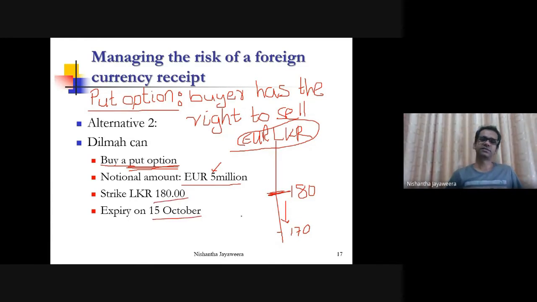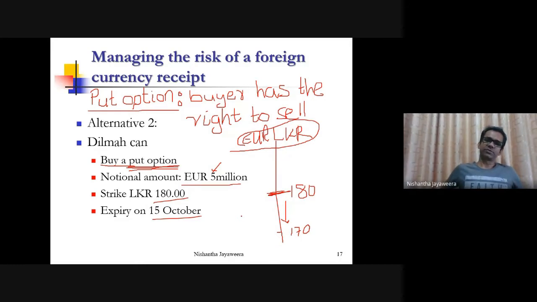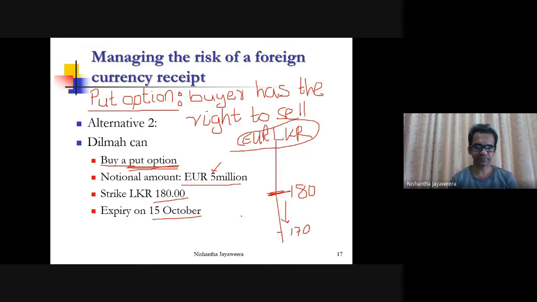Those are the terms of an option contract, whether it's a put or a call, and whether you buy or sell: the underlying asset, the notional amount, the strike price, the expiry date, and whether it's American style or European style. Those are the things that you have to specify in the contract.